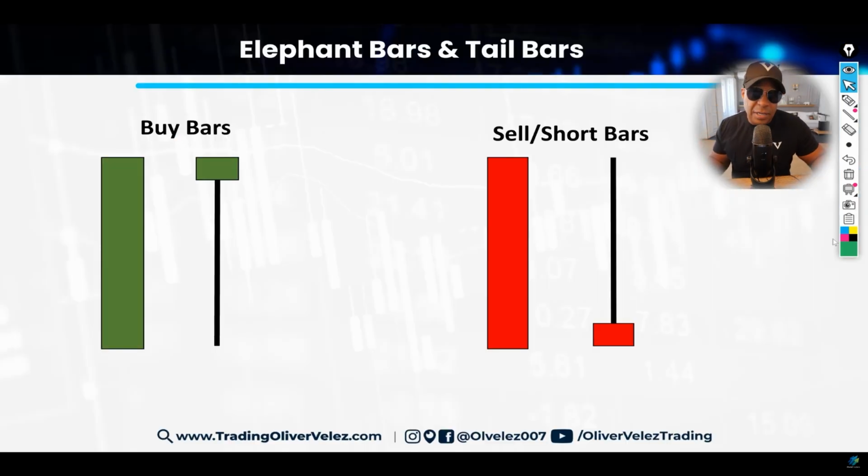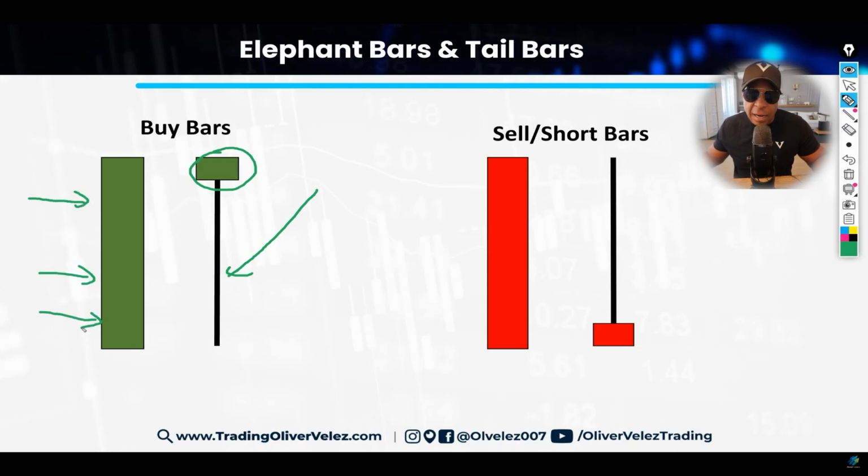And the two are very simple. They're what I call elephant bars and tail bars. Elephant bars and tail bars. So big, fat, green bars and bars that are mostly tail and a little body. So fat elephant bars.